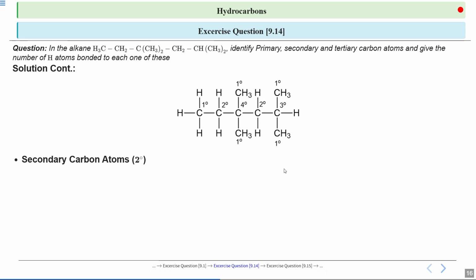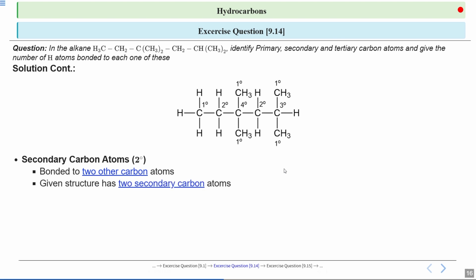Now, let us discuss the secondary carbon atoms present in the given structure. If you focus on the secondary carbon atom, then these are those carbon atoms which are bonded to only 2 other carbon atoms. Now, these are crucial in determining the molecule's branching and stability. Identifying this will help us understand the molecule's overall structure.